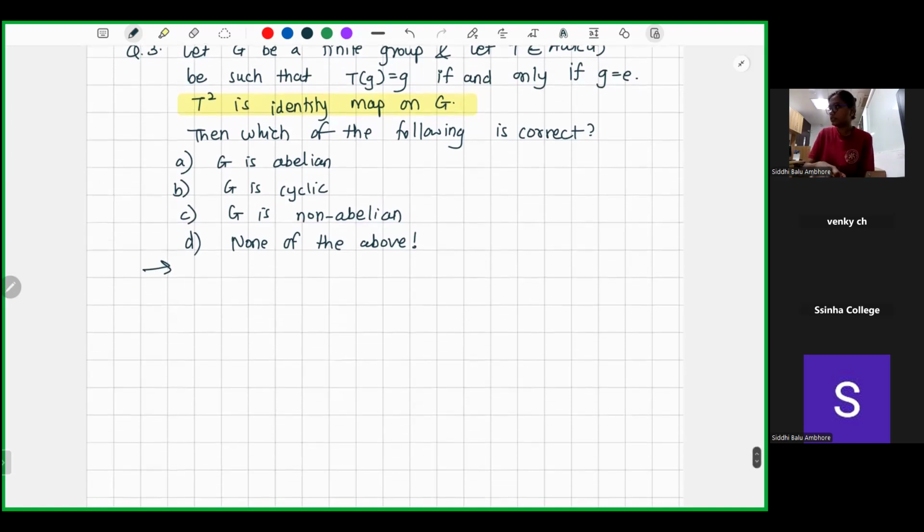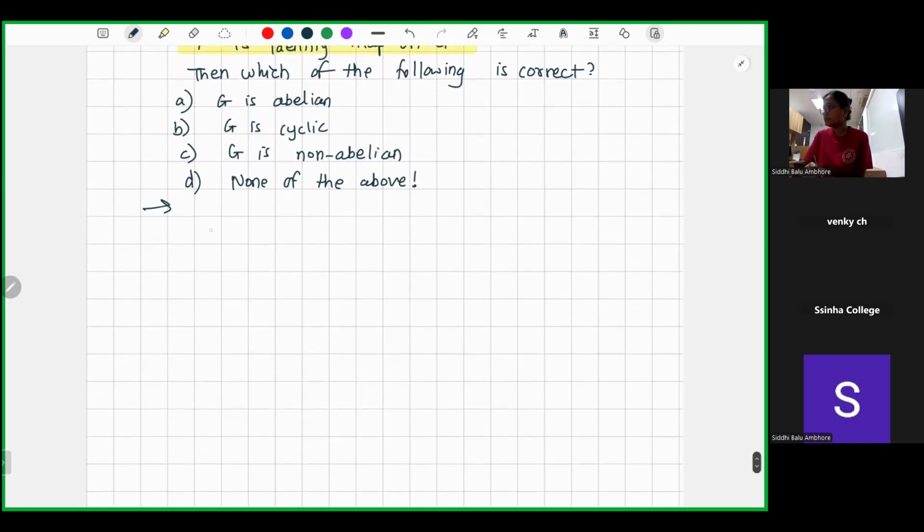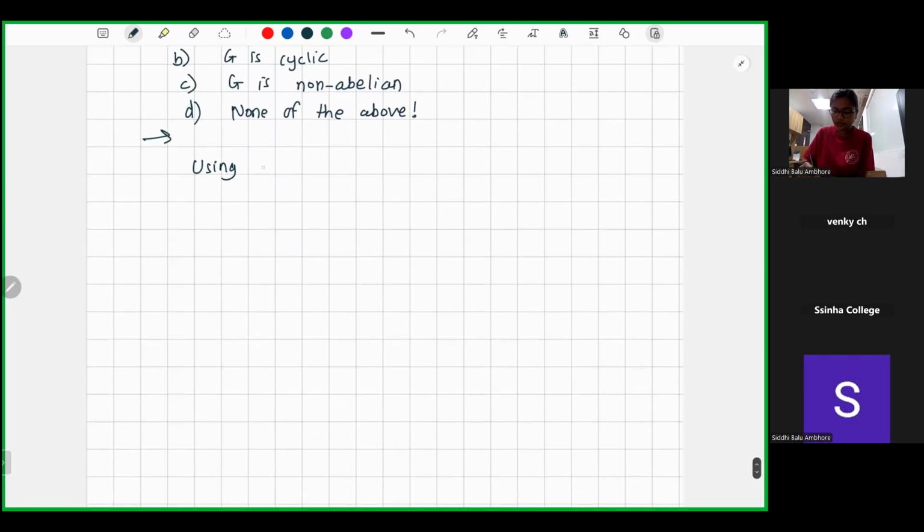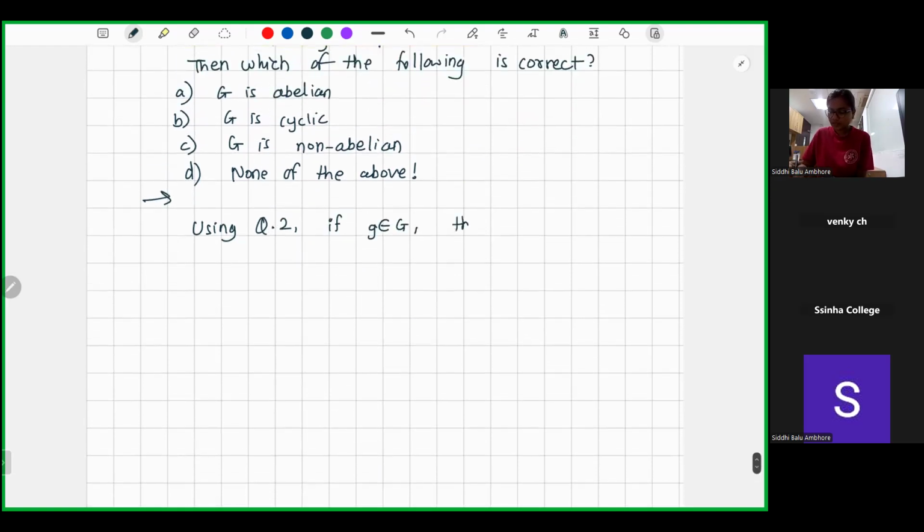And so we have this information that, using question 2, if some g is in G, then this g we can express as x inverse Tx, right?